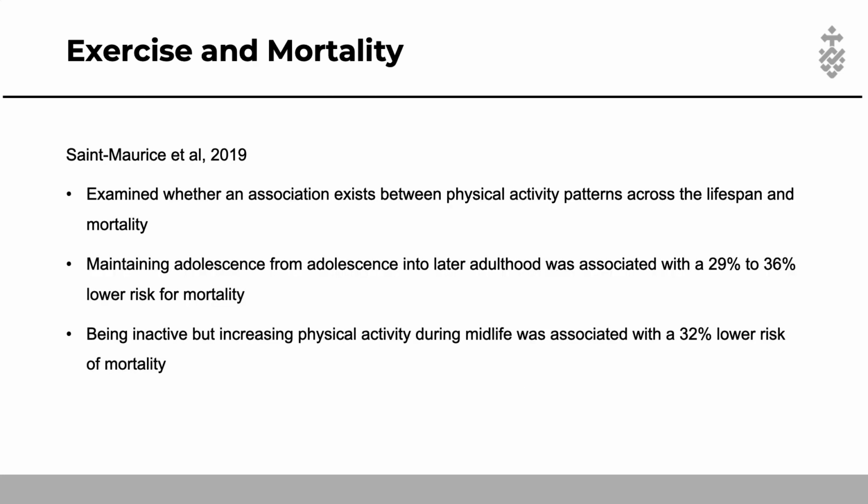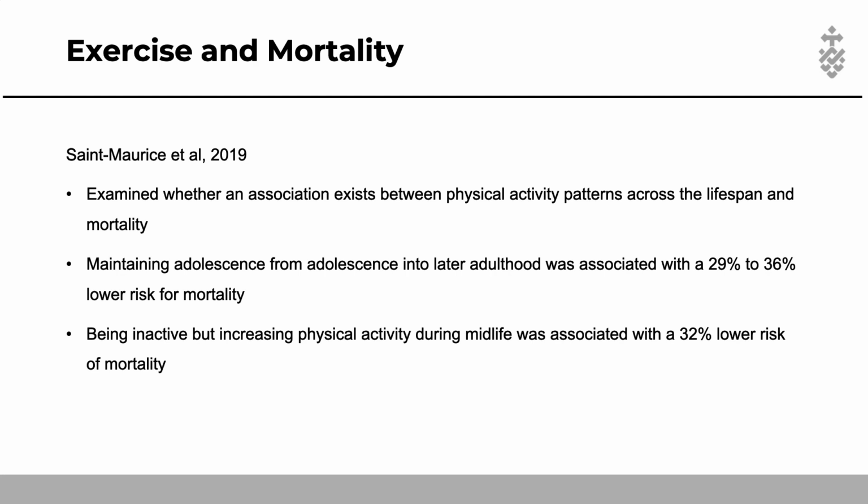Now, something that you may ask yourself is, what if I wasn't active in my childhood or adolescence or young adulthood? Can I turn things around during my midlife, or am I going to be doomed from those mistakes I made in the past with not making exercise and health a priority? So a very recent study in 2019 actually examined whether an association exists between physical activity patterns across the lifespan and mortality.